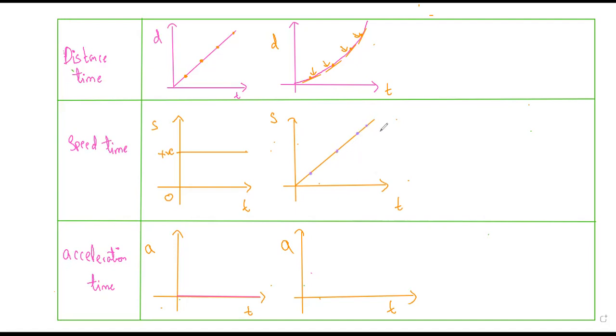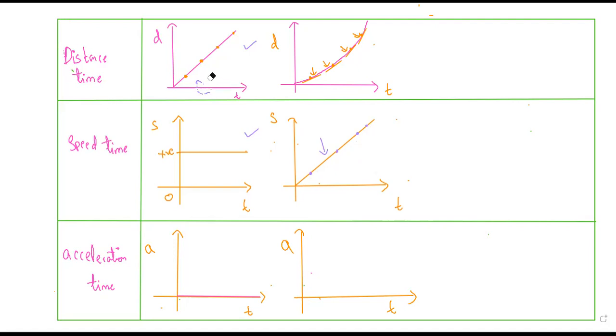The slope is positive and the gradient is constant. The gradient is the same because this is a straight line. So we are going to follow the same concept as we followed for that. If the distance time graph was a straight line going upwards, like in case A, then the speed time graph was basically a horizontal line.